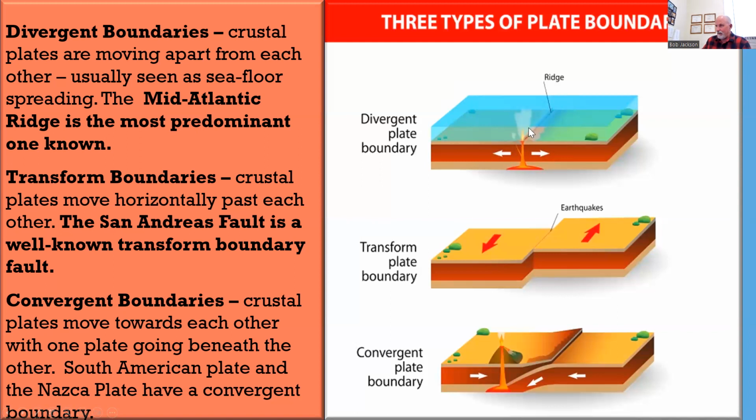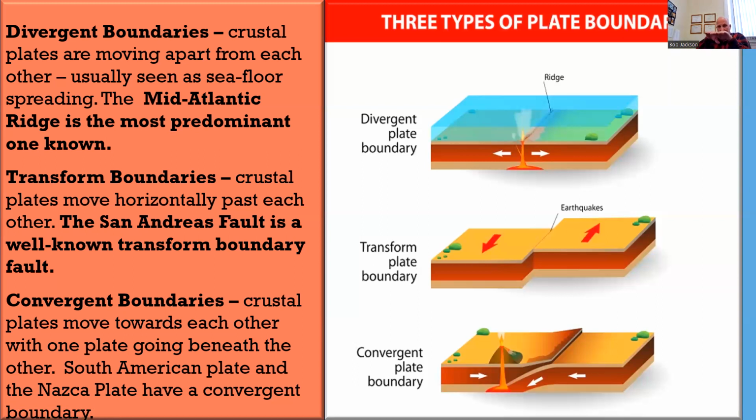That magma comes up and is layered out, creating mountains. And in a place where it's high enough, you have islands, and that's what the Hawaiian Islands are about, although they're in the Pacific Ocean, not Atlantic. But that's divergent boundaries. They're pulling apart.